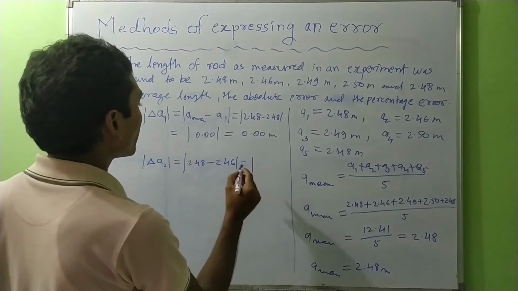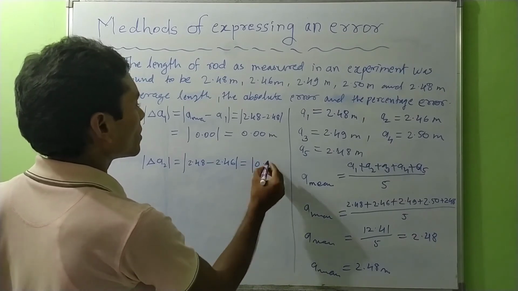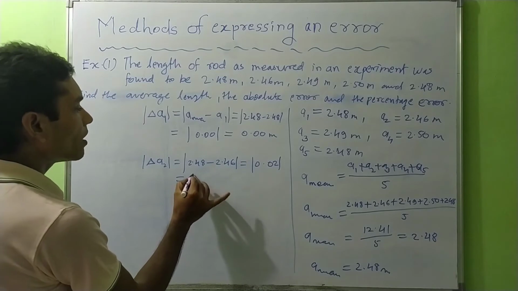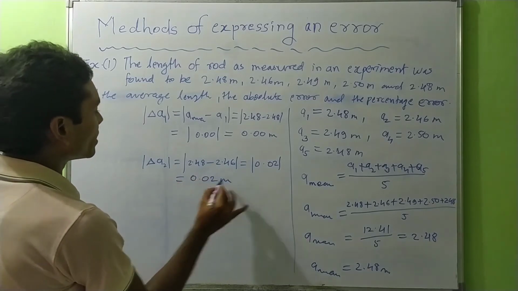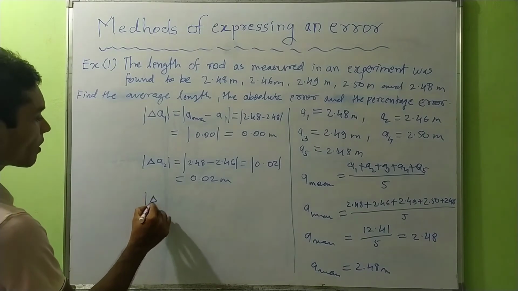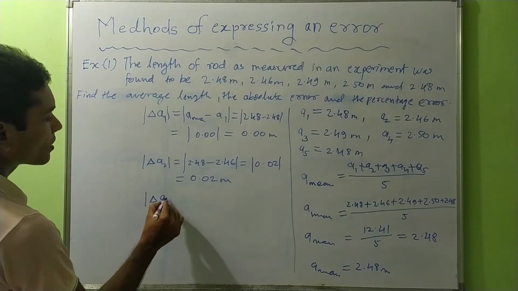It will be equal to 0.02 meter. This is the second absolute error. And the third absolute error will be modulus del A3.